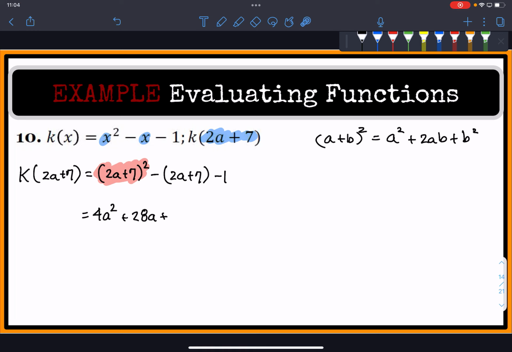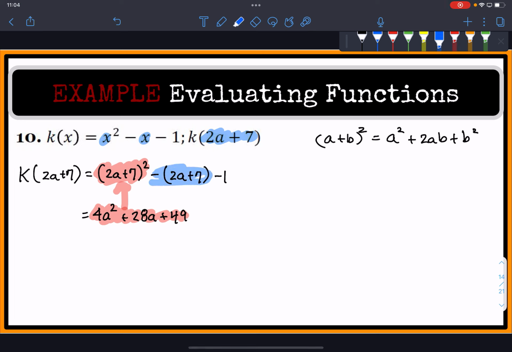And then the last term of the trinomial would be b to the second power, which in this case is the 7. So 7 to the second power is 49. These three terms right here is simply this to the second power. I haven't done anything else.